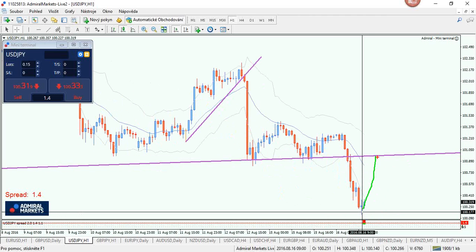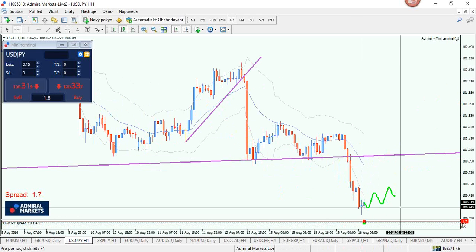If it corrects like this, with momentum, and then shows a bull flag, then the daily candle will probably look like this, with maybe a slightly bearish candle, but a big wick at the bottom, and there's actually a good chance to follow through to the upside. If, however, price starts to do this, that looks like a bear flag, and there's a good chance to follow through today and tomorrow, or later this week.